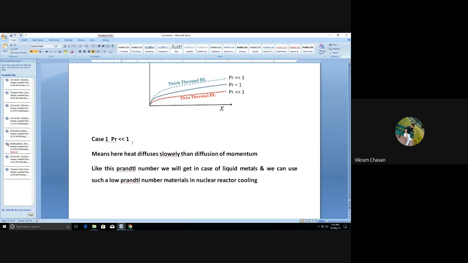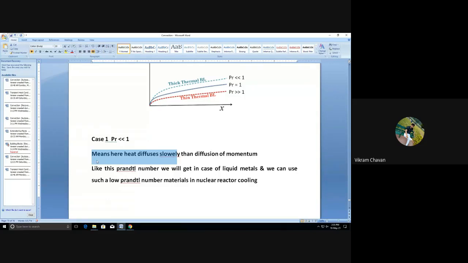So we can say that heat diffuses more slowly than momentum. मतलब हीट का जो डिफ्यूजन होता है, हीट फैलने का जो रेट है वो कम है as compared to the velocity diffusion.